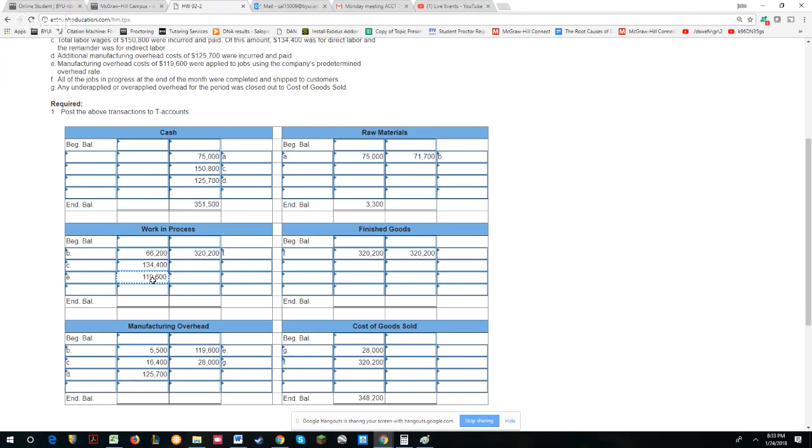So it's a credit in manufacturing overhead. That's right. I think so. And then a debit in work in process. Predetermined overhead rate. Yeah, that would make sense. Because you're going to debit your inventory and work in process. The manufacturing overhead, I'm trying to wrap my brain around the credit on that side, but I think that's right.